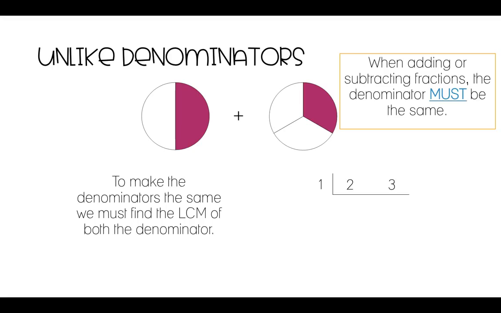So what we get left with, well, 1 goes into 2 twice and into 3 3 times. So if we remember, for finding the lowest common multiple, we multiply these three numbers that make the L shape and they equal 6. So 1 times 2 is 2 and 2 times 3 is 6. So our lowest common multiple is 6.